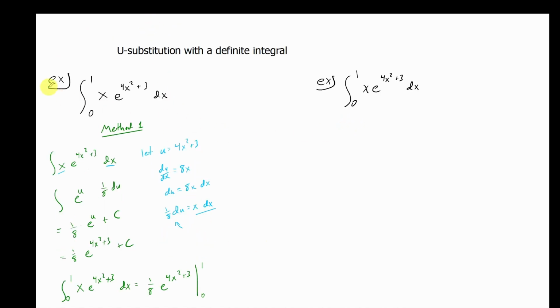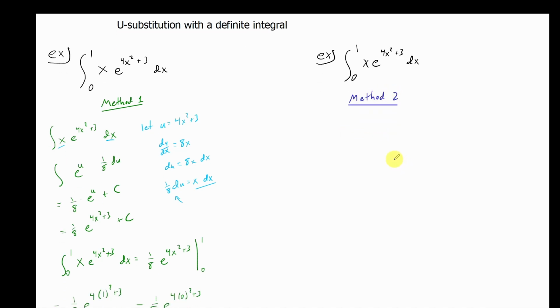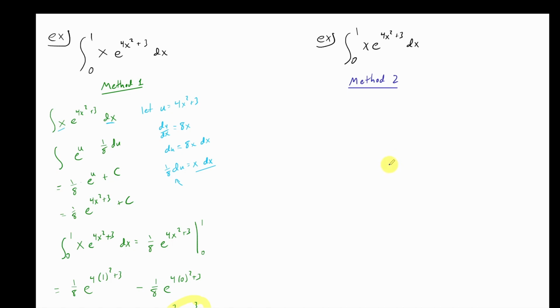Let's look at another method for finding a definite integral. In this method, we don't ignore the limits of integration, we carry them through. So we start the same way. I need to pick a u, so we're going to let u equal 4x squared plus 3.